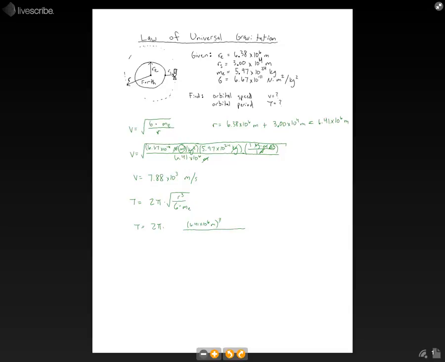And we're going to have all of this over our universal gravitational constant, multiplied by the mass of the Earth, and we know we have all of this under a square root.